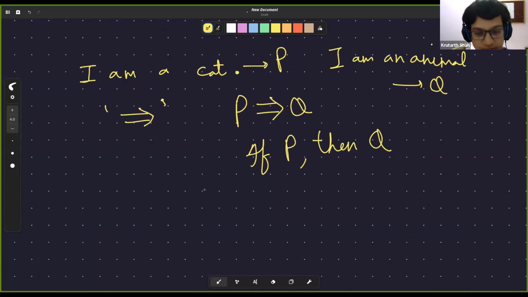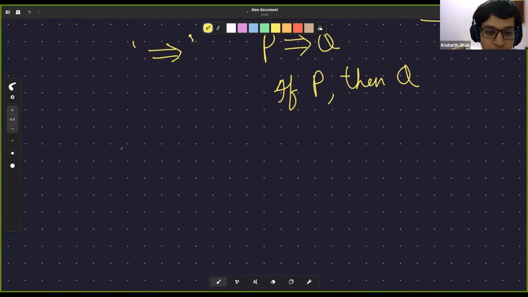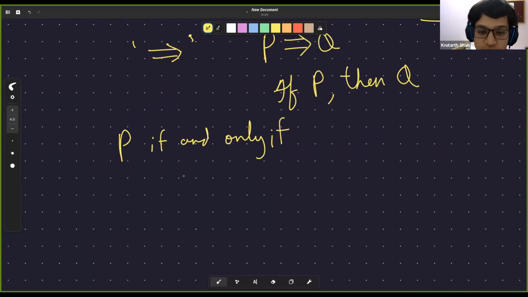Anyways, so sometimes in problems, we'll see stuff like, show that P is true if and only if, sometimes shorthanded as iff with two F's because we are lazy, Q is true.